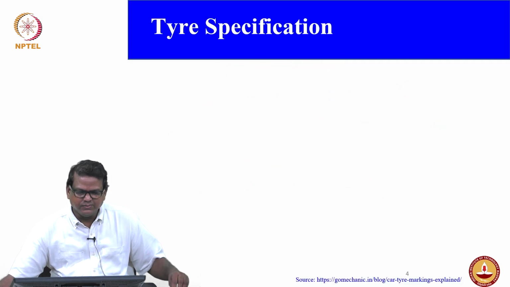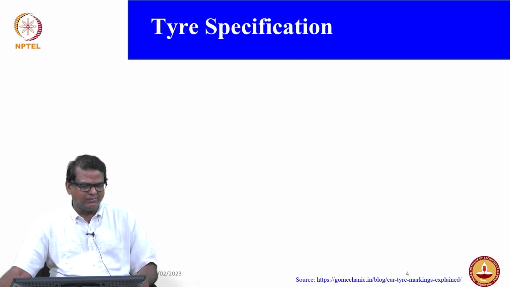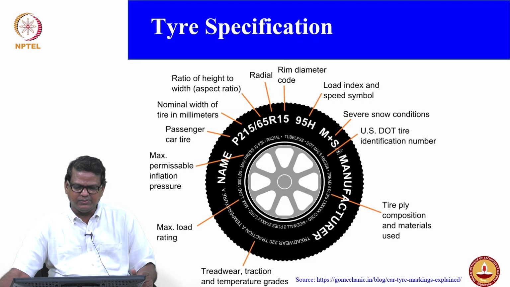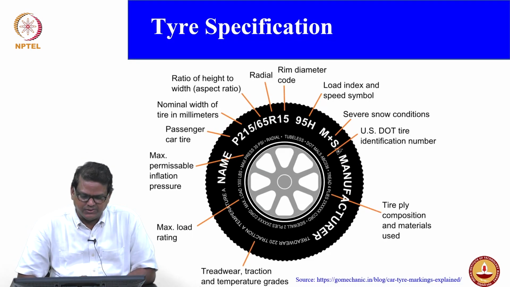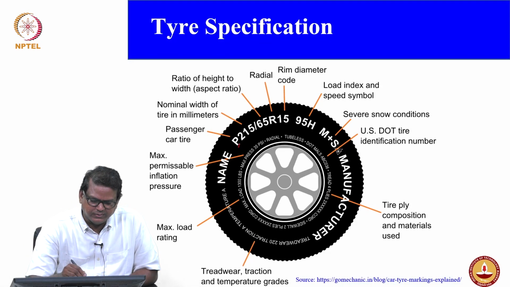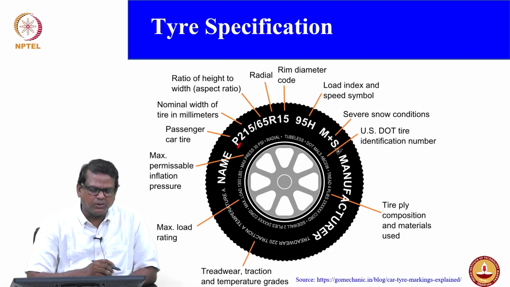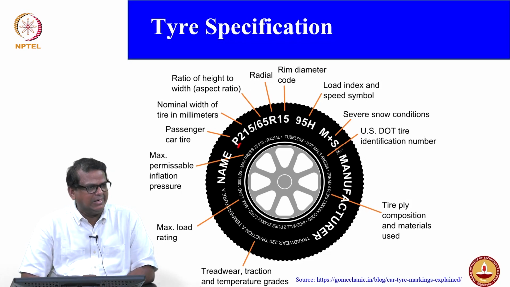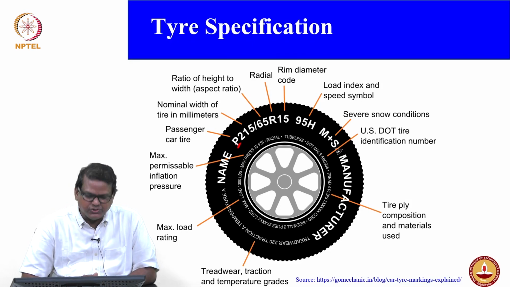Okay, so the tire specification is given. If you look at it, this is the typical way of writing a tire specification. Normally, you will have a letter first, which tells what type of application. P stands for passenger.